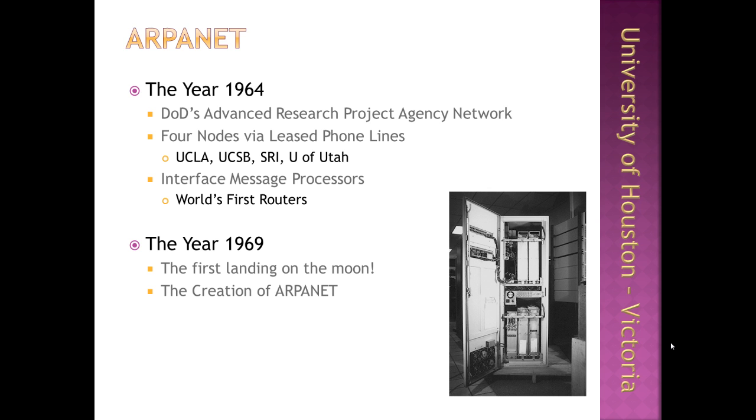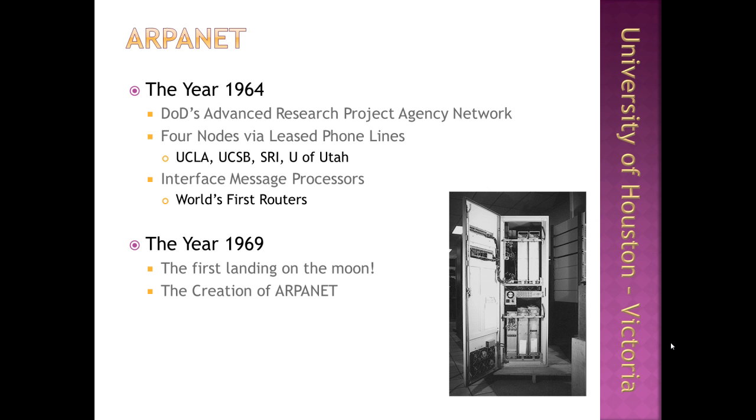By 1964, the Department of Defense's Advanced Research Project Agency network was established. 4 nodes were created that had dedicated leased phone lines. The laboratories at University of California at Los Angeles, University of California at Santa Barbara, Stanford Research Institute, and University of Utah were the first 4 nodes for this network.